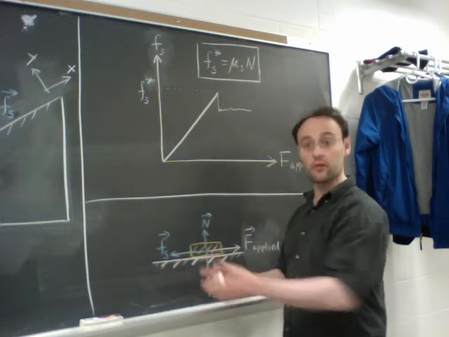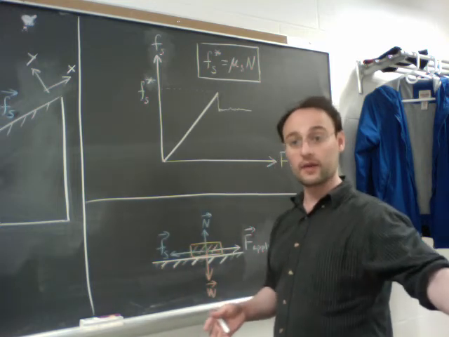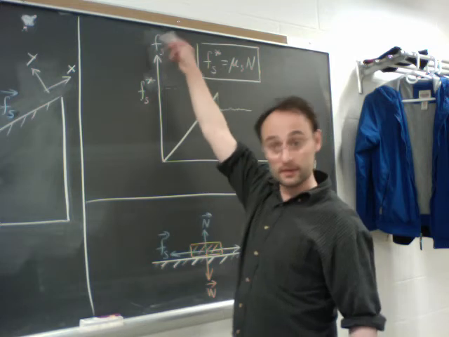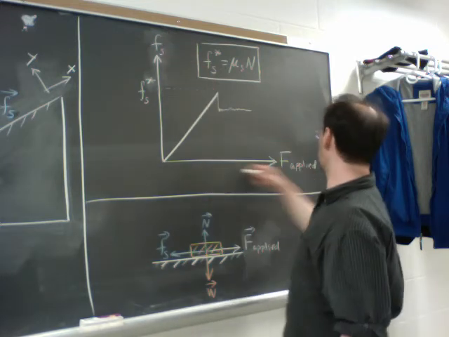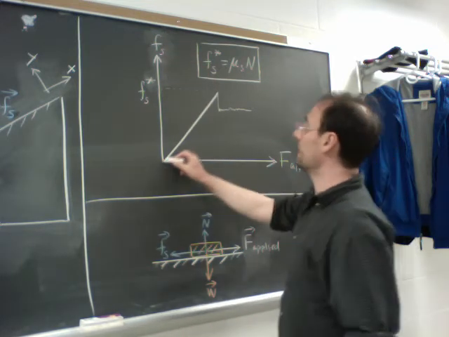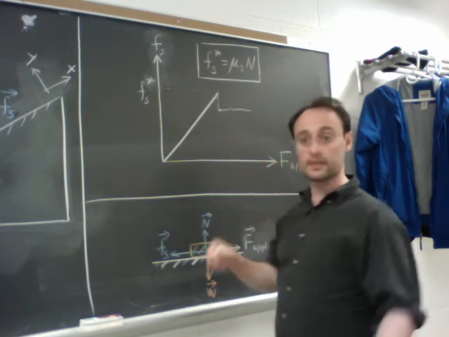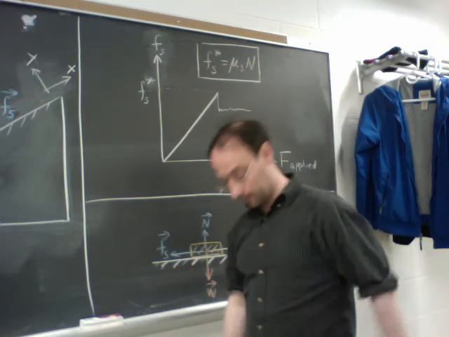Otherwise, there would not be a force balance and this cradle would move. So in other words, if I plot the magnitude of the static friction force, magnitude, hence no arrows, versus the magnitude of the applied force, the magnitude of the static friction force equals the magnitude of the applied force up until a certain point.